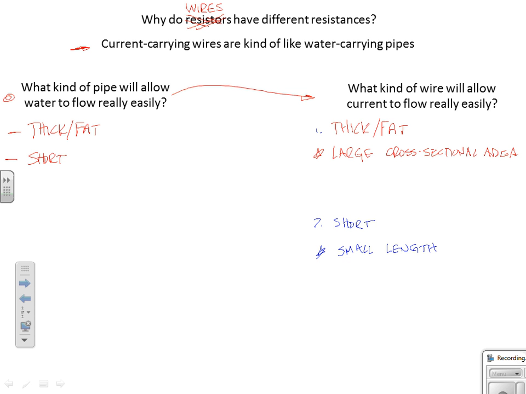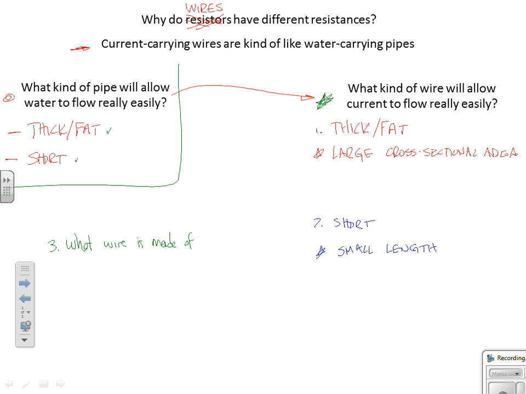Now, here's where the analogy sort of breaks apart, so we can sort of forget about this now. Those things are both true. Well, let's focus more on this now, right? There's something else about different wires that can allow current to flow more or less easily, and that has something to do with, 3, what the wire is made of.